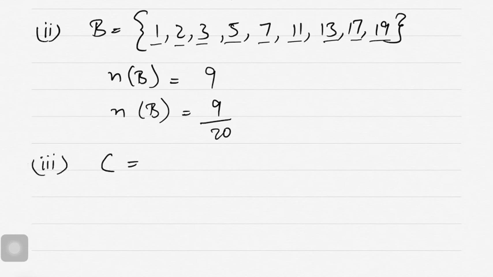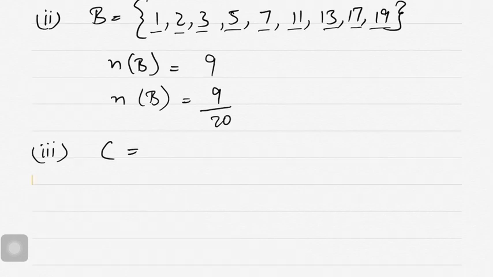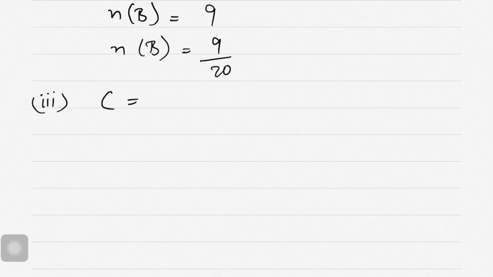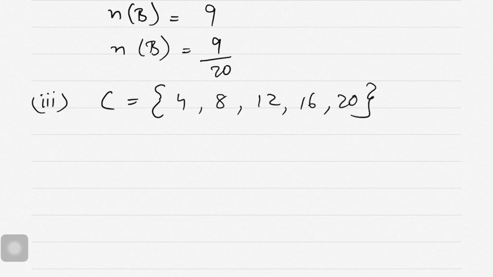Okay. Third part, my event, I will name it as event C. So event C is, the ball drawn is a multiple of 4. So numbers which are multiple of 4: 4, 8, 12, 16 and 20, right?